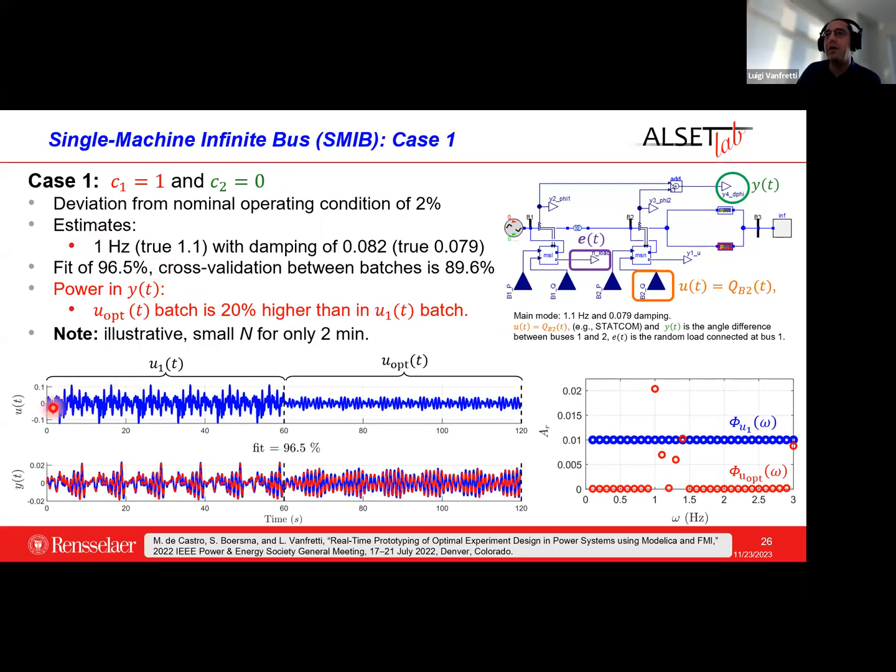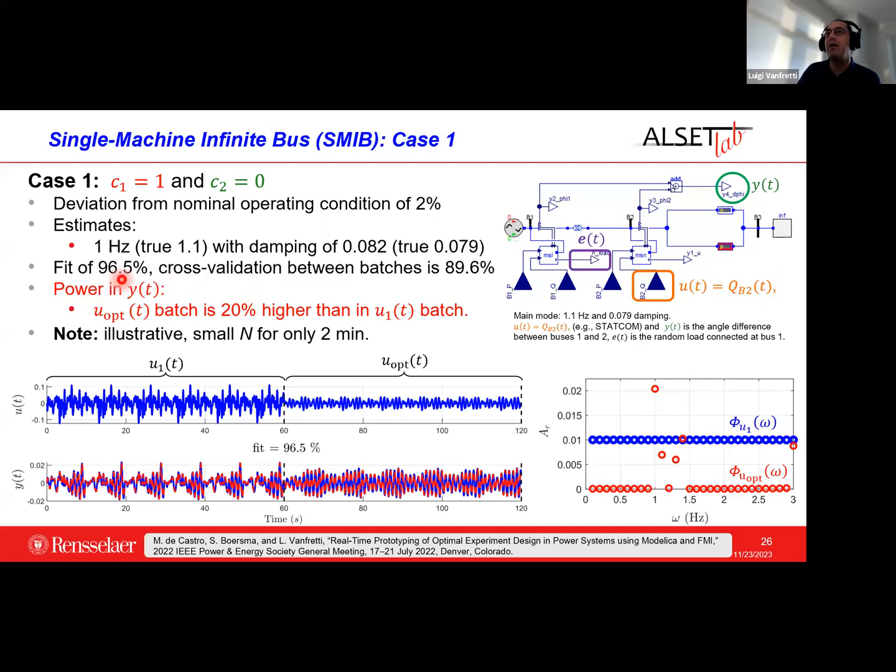So here you see the dumb signal U1, and here you see the optimal signal U optimal. What we have is that the mode is 1 hertz as estimated, and the true one is 1.1. So we do have a bit of bias, and the damping is 7.9 instead of 8.2.